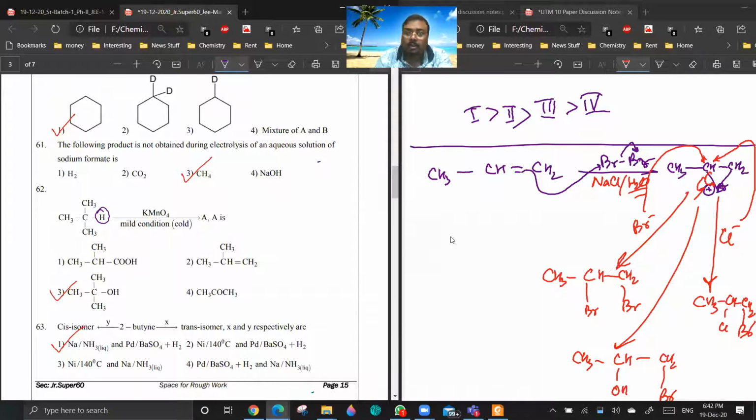So here, if you are treating it with alkaline KMnO4, a BS reagent, then this will undergo oxidation to OH. It's a fact-based thing. Is it clear?